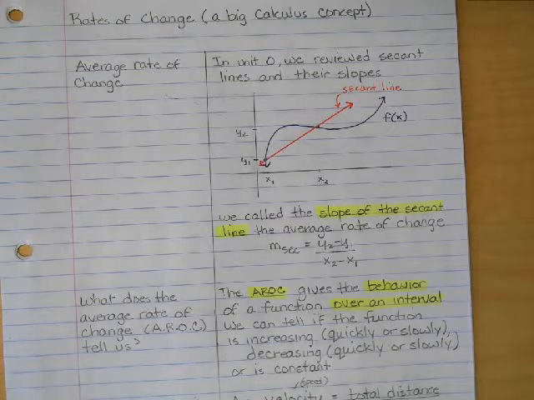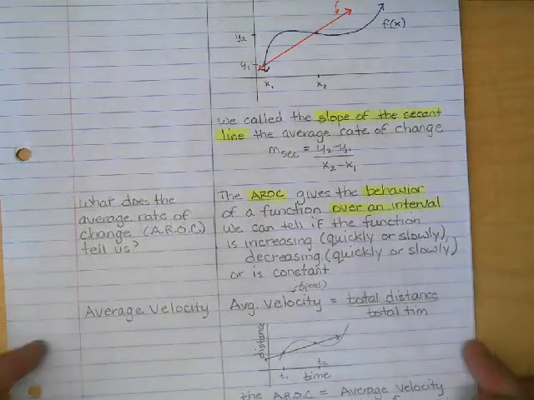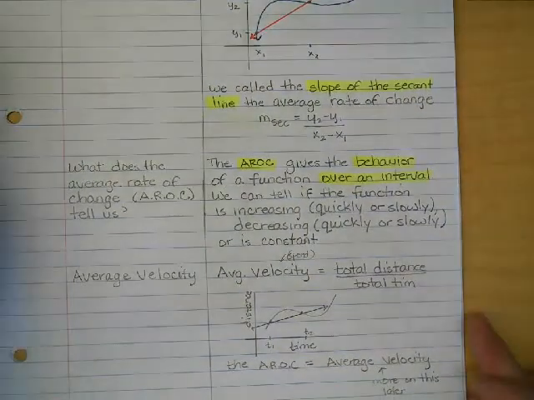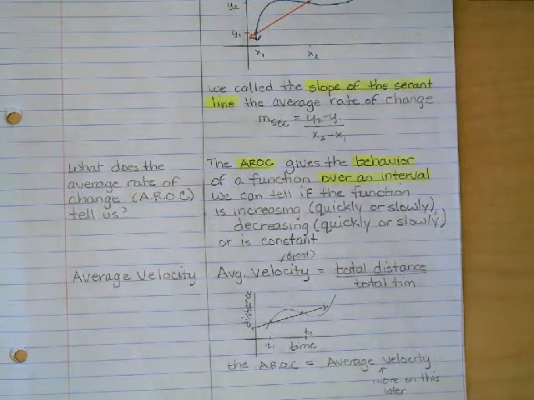Now, there's another thing that's called average velocity. And we are going to be looking a lot at average velocity. This is another thing I want you to put in your brain, because we're going to see there's a thing called instantaneous velocity.